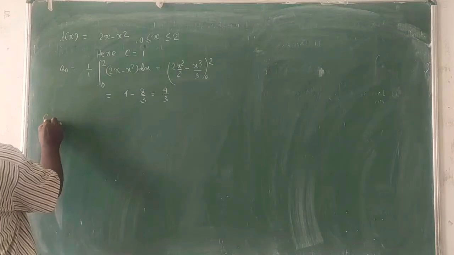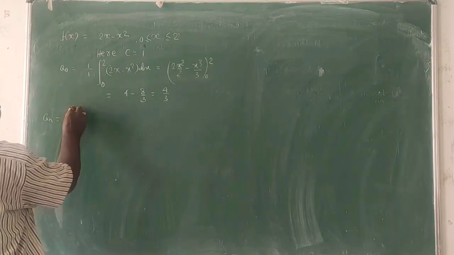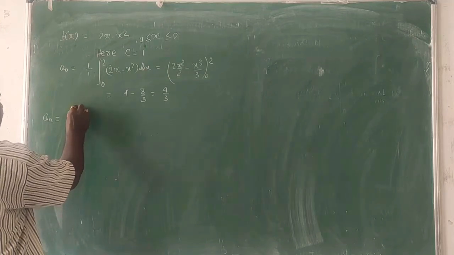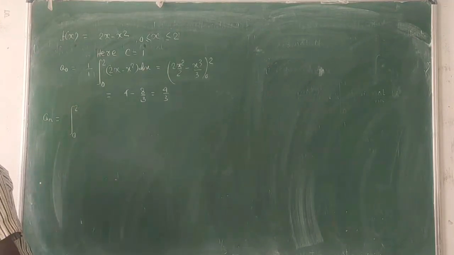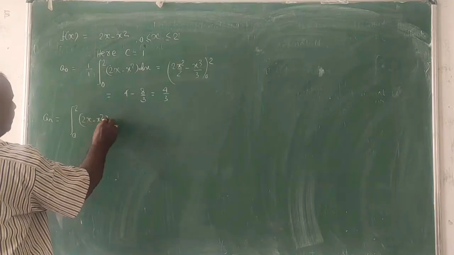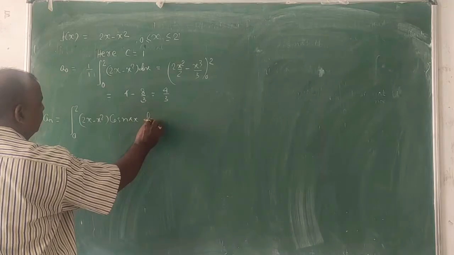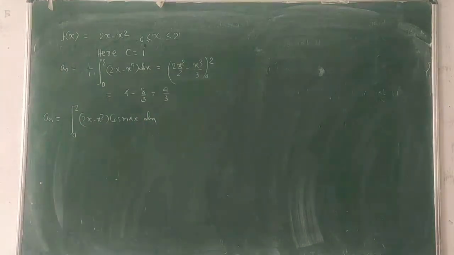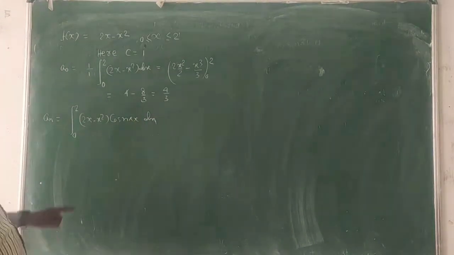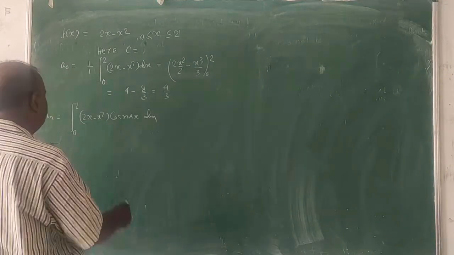Now let me find out the value of a n. a n is equal to 1 by c into the integration of 0 to 2c of f of x, that is 2x minus x square, into cos of n pi x into dx, because c is equal to 1. Now you integrate by parts. You take this as your u, the rest is dv.